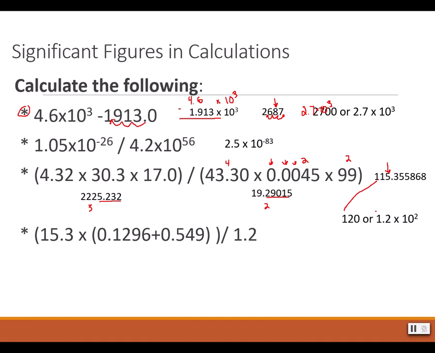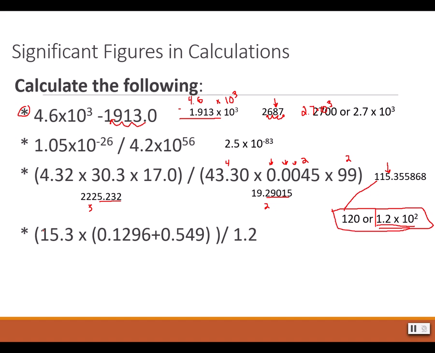If you would prefer, write it in scientific notation. And I love scientific notation because you can easily tell from that number, oh, that number has a total of 2 significant figures. And that's what I needed because of the significant figure rules for multiplication and division. I would accept either of these answers, but your final answer is 120 or 1.2 times 10 to the 2.